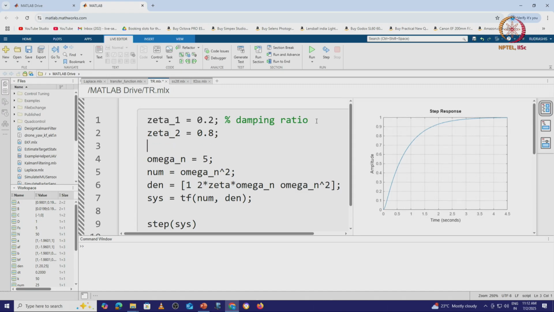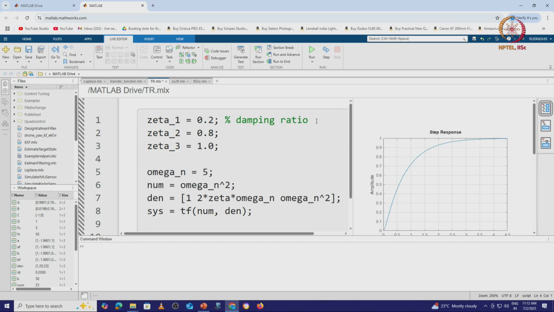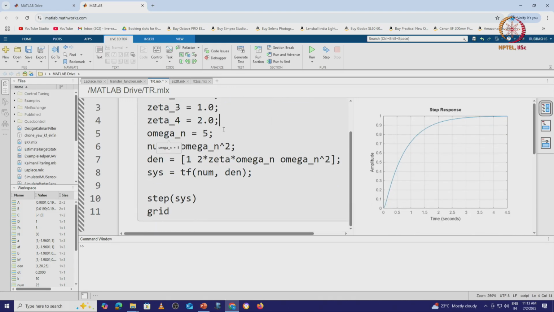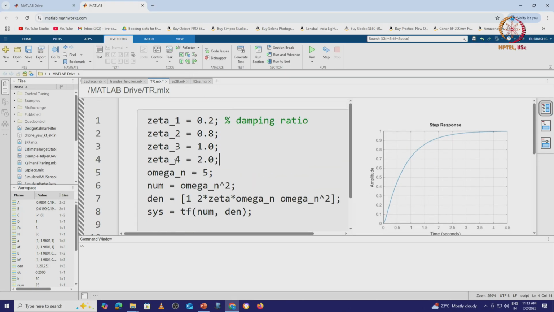The third one you can take zeta equal to 1, and the fourth one more than 1. If you do this keeping omega n the same, then you will see that the system response changes accordingly with the values of zeta.